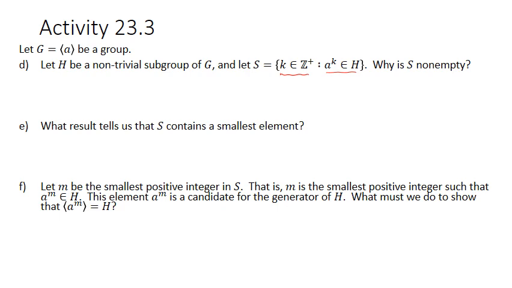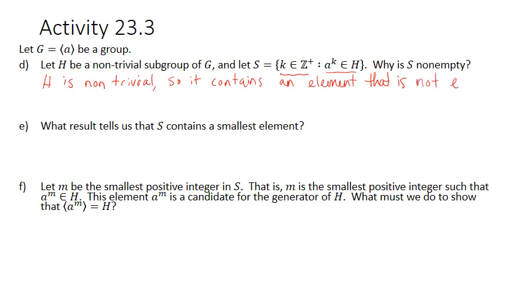So this goes back to part B, which was on the last slide. We said that H is non-trivial, so it contains an element that is not the identity, and remember the identity is a to the 0.